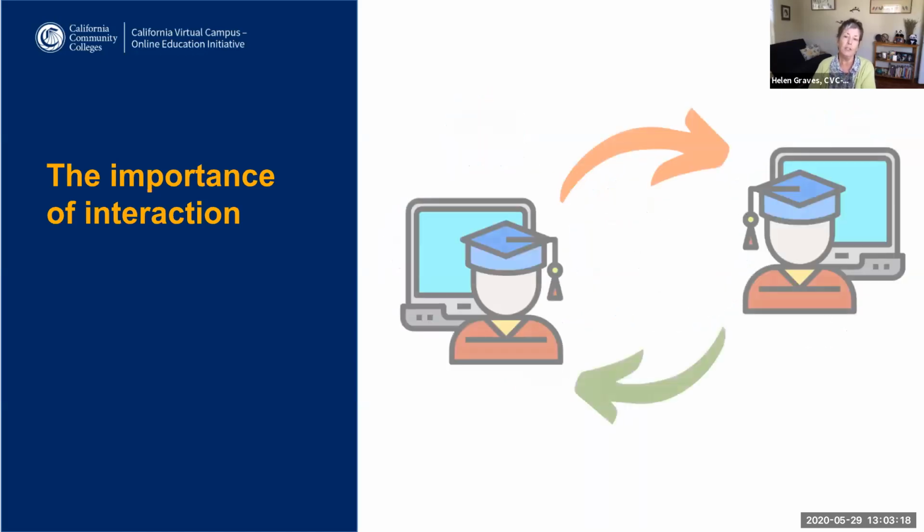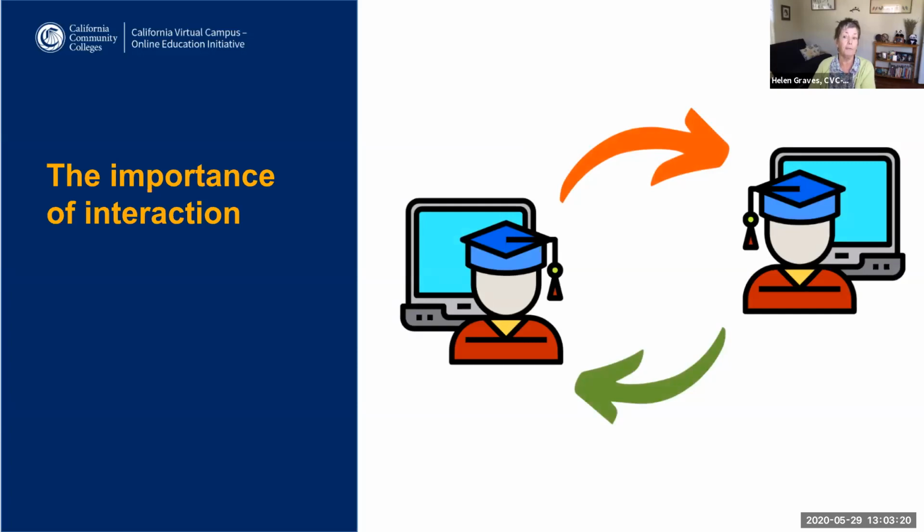Additionally, a recent change to Title V requires that not only instructors interact with their students, but they also include regular opportunities for student-to-student interaction, as well as the instructor-to-student.